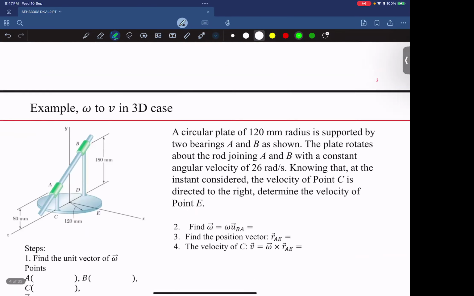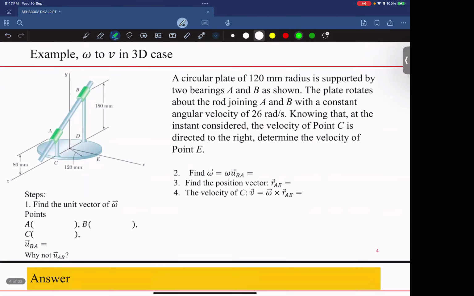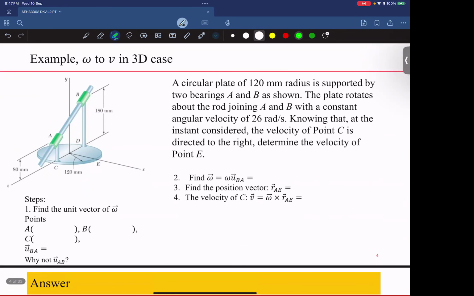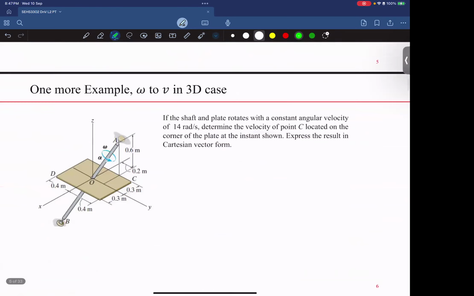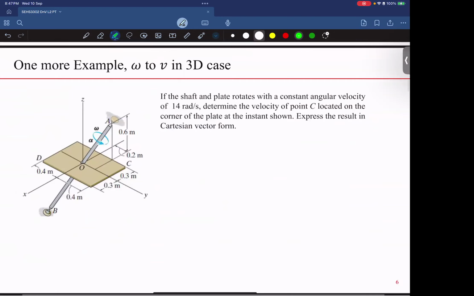Let's see a 3D case. Okay, 3D case. We have a circular plate. Oh, this one we do not have an animation. Let's look at this one. Okay, we have a square plate, and this plate is fixed on the shaft. The shaft is connected to the ground and top with a ball joint.